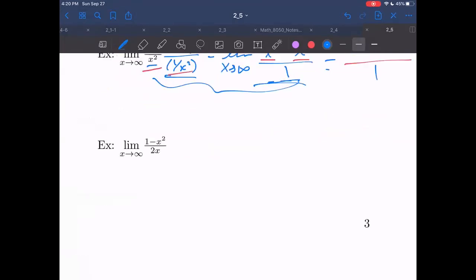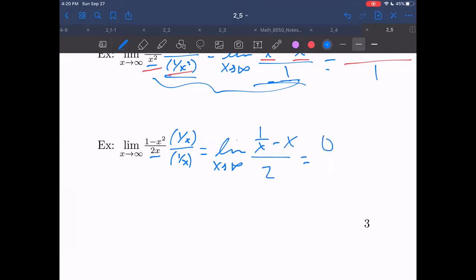Our highest degree is going to be x, just x, so it'll be 1 over x over 1 over x. So we get the limit as x approaches infinity of 1 over x minus x over 2. So we get 0 minus some infinite number that's going to blow up, over 2.